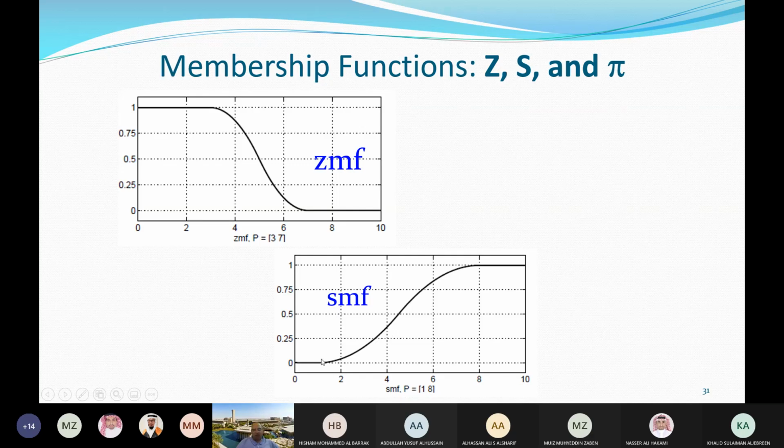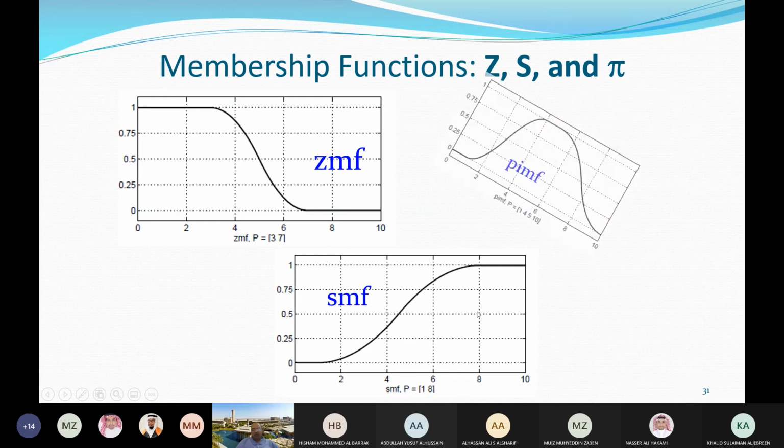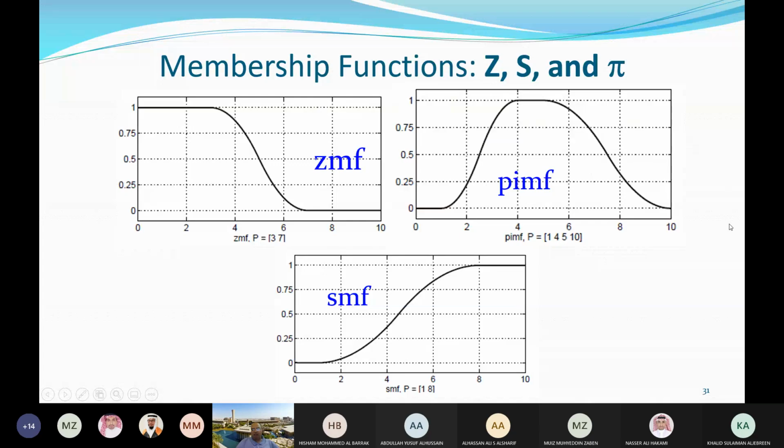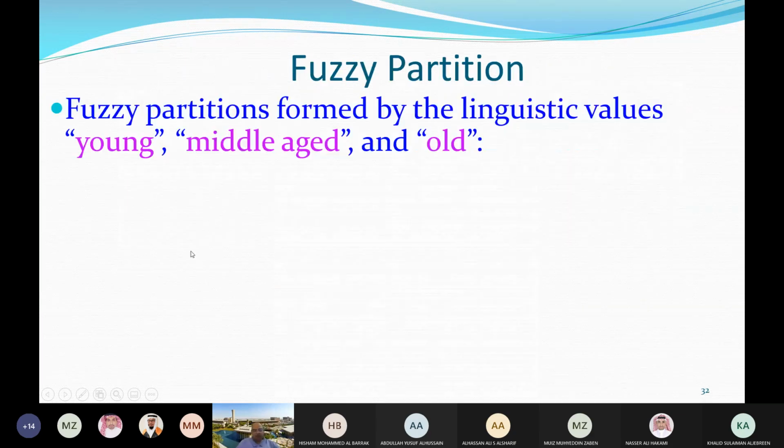You can have them here, 1 and 8, so this will be the S function. And the pi function also. You can have the pi function here with 1, 4, 5, 10. This is 1. This is 4 when it reaches 1, and 5 when it reaches the end of 1, and 10 when it reaches 0. A lot of membership functions you can select among. Is it clear? Any question?